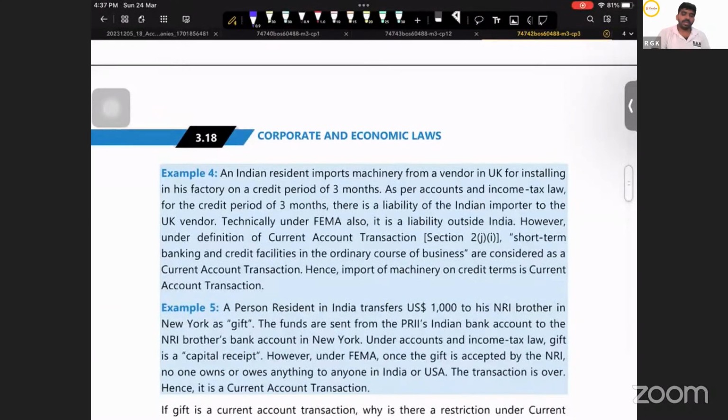Next, an Indian resident imports machinery from a foreign vendor for installing in his factory on a credit period of 3 months. I get a 3-month credit period.